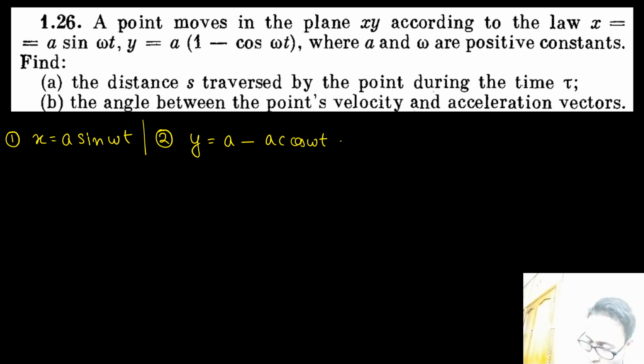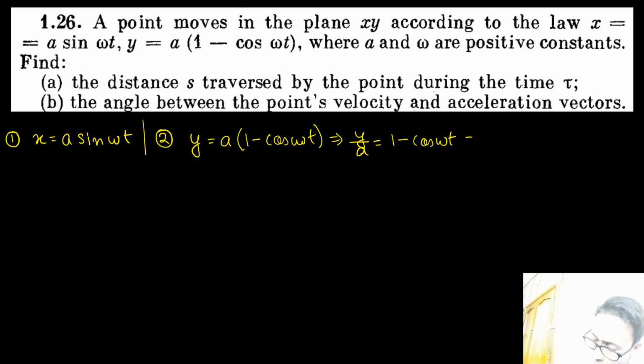Or instead of writing a minus a cos omega t, let's write the equation as it is. y equals a into 1 minus cos omega t, or y by a equals 1 minus cos omega t, or 1 minus y by a equals cos omega t.